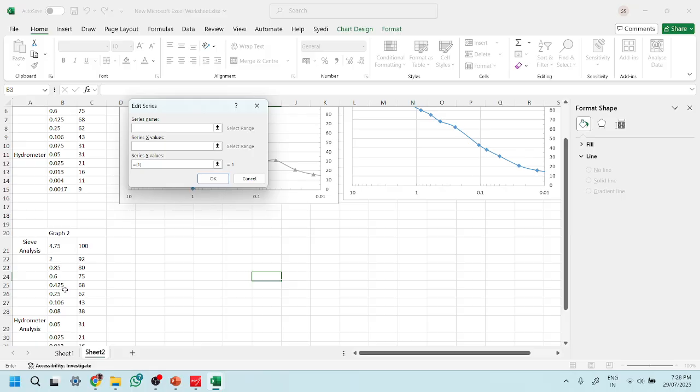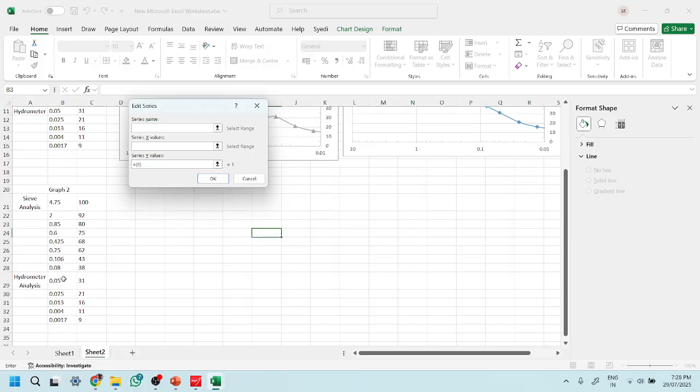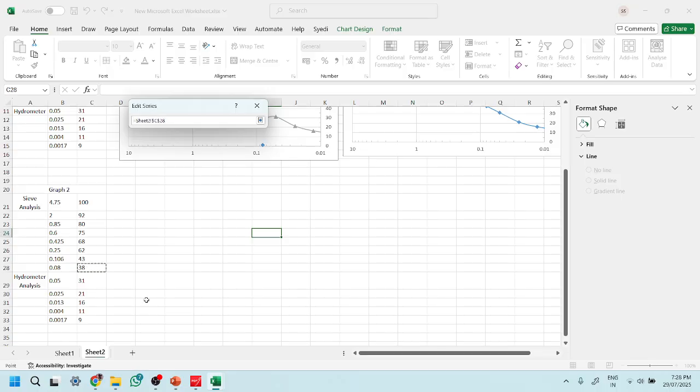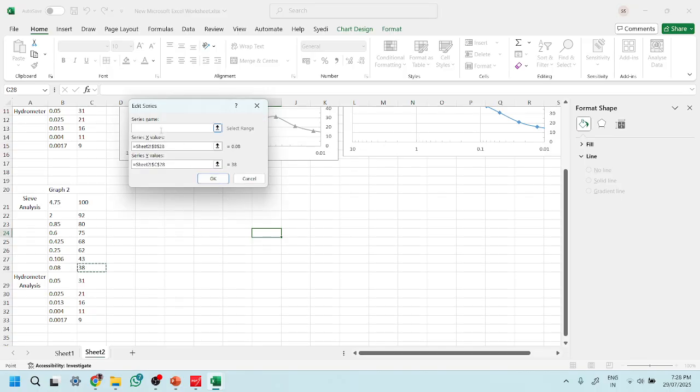X value will be this, Y value will be this. So we can say outlier.